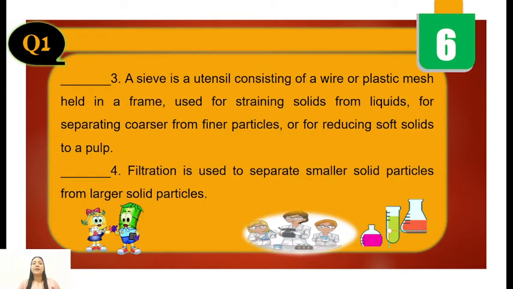A sieve is a utensil consisting of a wire or plastic mesh held in a frame used for straining solids from liquids, for separating coarser from finer particles, or for reducing soft solids to a pulp. True or false?